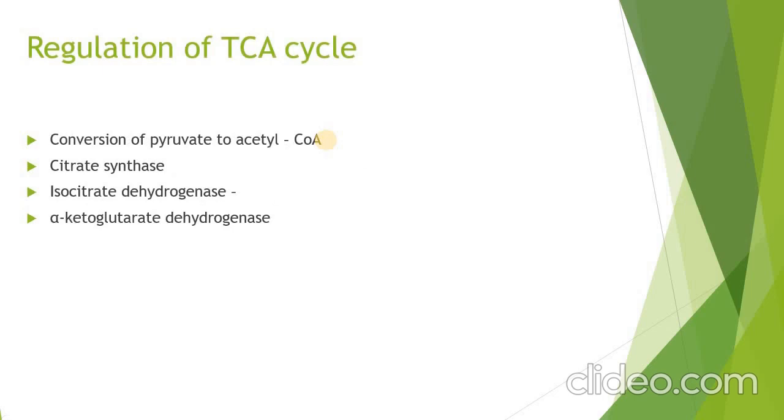So next we move on to the regulation of this TCA cycle. The first main regulator is the PDH enzyme, that is pyruvate dehydrogenase, which catalyzes the conversion of pyruvate to acetyl CoA. The second is the step catalyzed by citrate synthase, followed by isocitrate dehydrogenase and alpha ketoglutarate dehydrogenase.